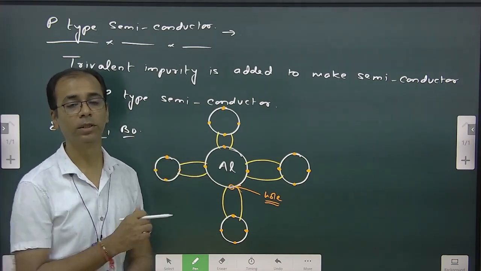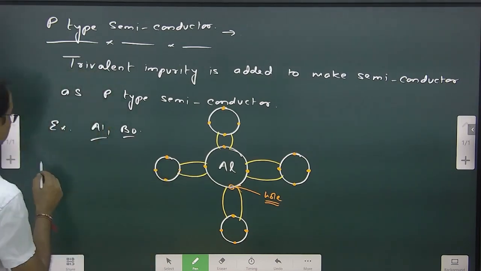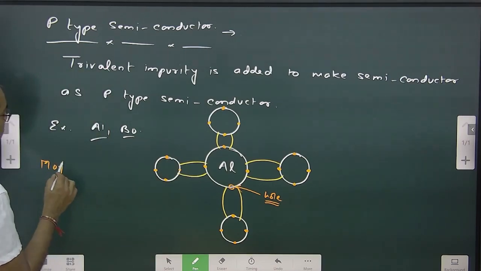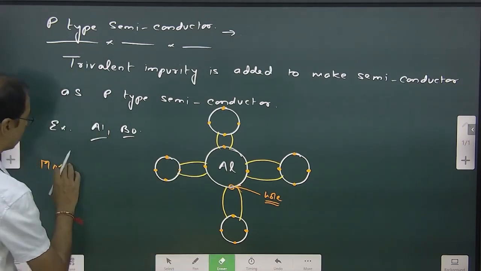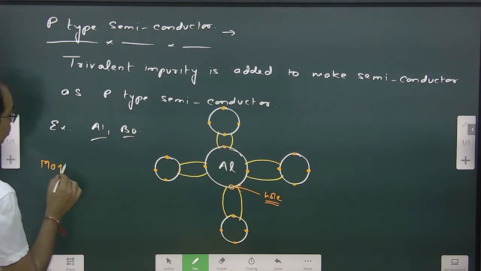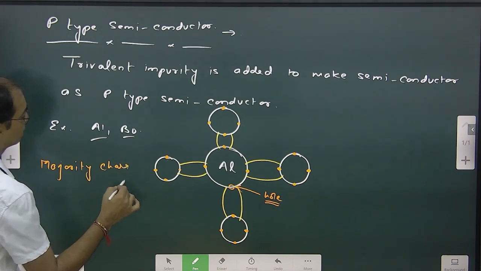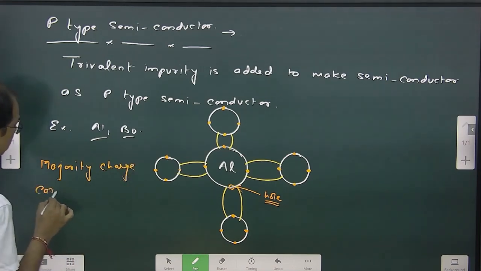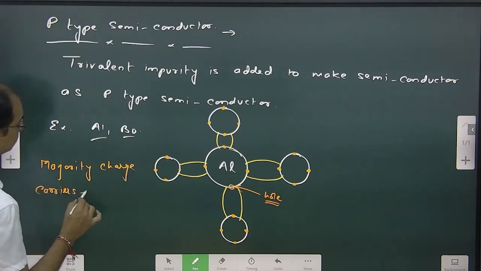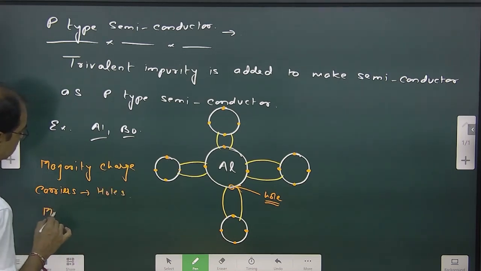So who are the majority charge carriers in this P-type? Holes. Majority charge carriers are holes, and minority charge carriers are electrons.